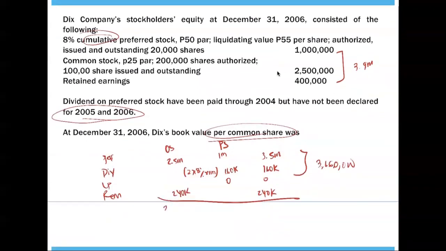So we have 2,740,000 for OS, 1,160,000 for PS. Oh, there is a liquidating value pala, 55. Sorry, we give the liquidating value. So 5 multiplied by how many shares? 20,000 shares.